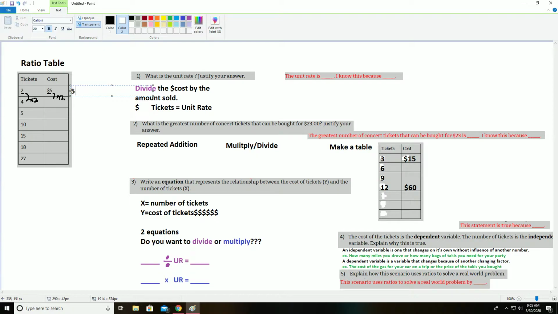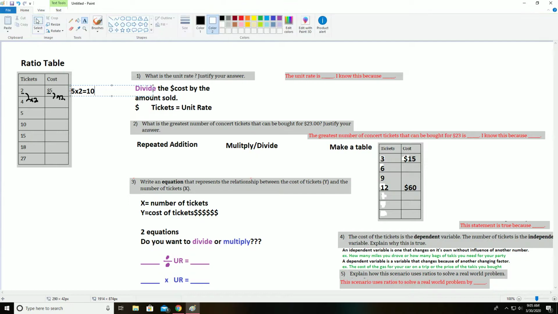So if we do 5 times 2, we're going to get 10. So we know that the cost for 4 tickets is going to be $10. So we'll switch back to my pencil function. So it'll be $10.